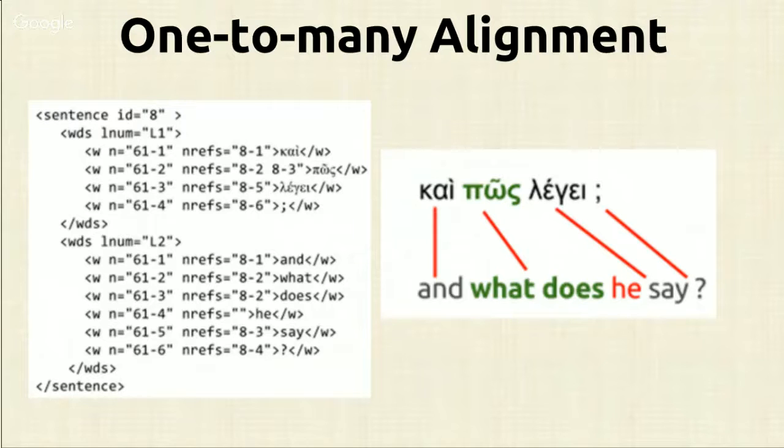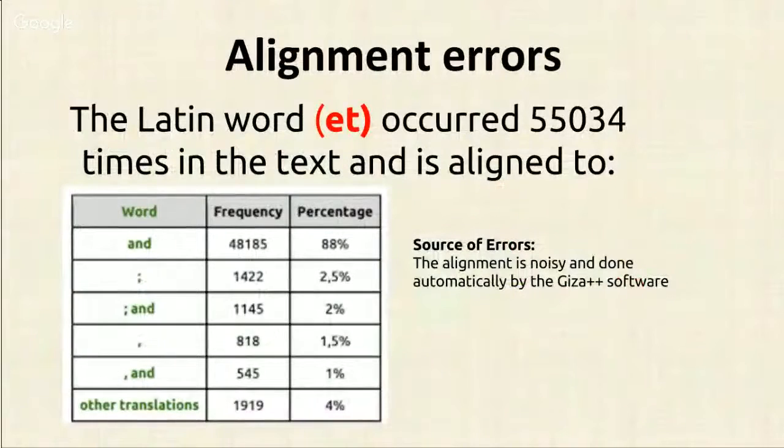So the first step was to parse this text to get the translation pairs and calculate the probabilities. In this example, we can see that the Latin word "et" occurred about 55,000 times in our corpus, and it is aligned to "and" 88% of the time, to a semicolon 2.5%, and so on in the list of translations.